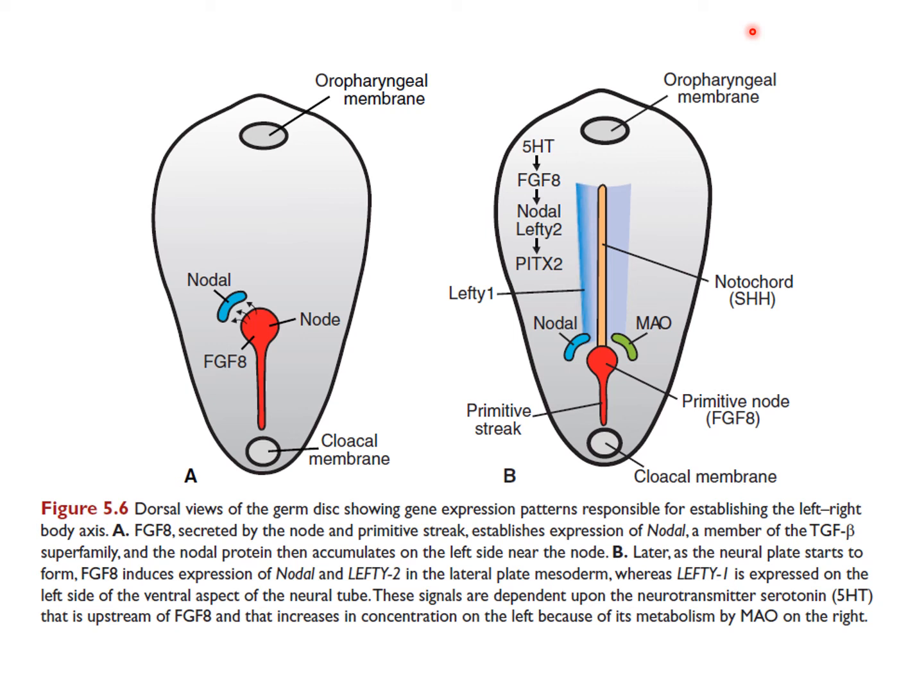For example, it will lead to situs inversus or dextrocardia. By dextrocardia, we mean the heart would be oriented on the right side instead of on the left side.